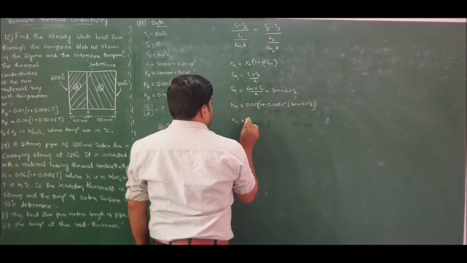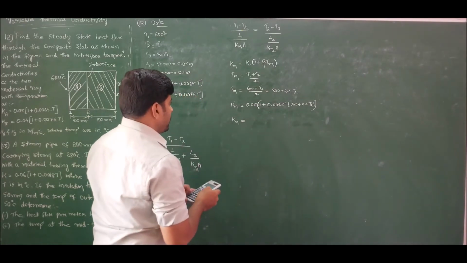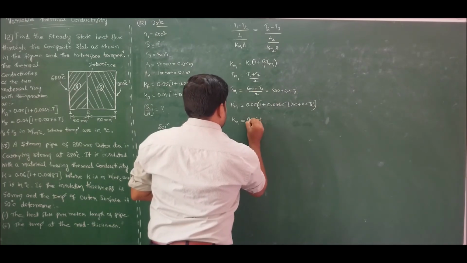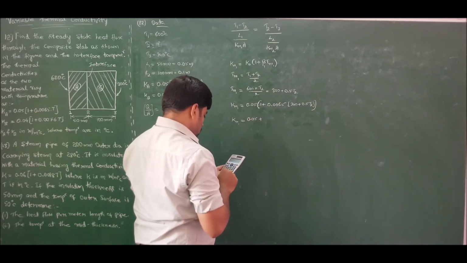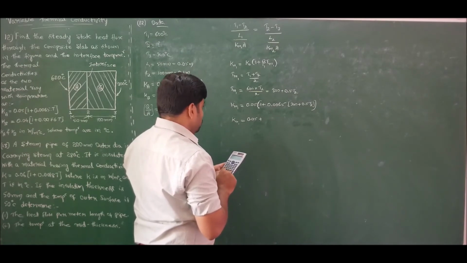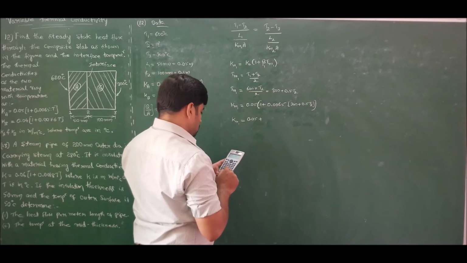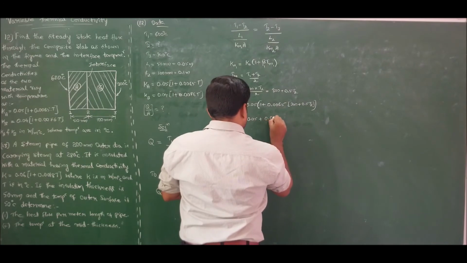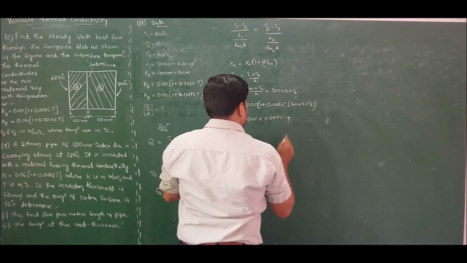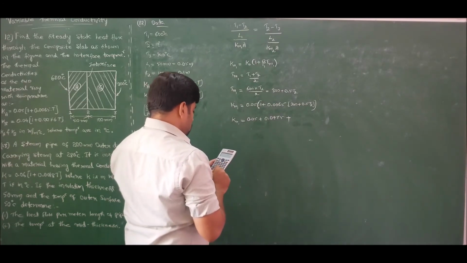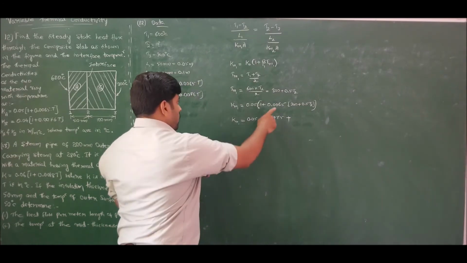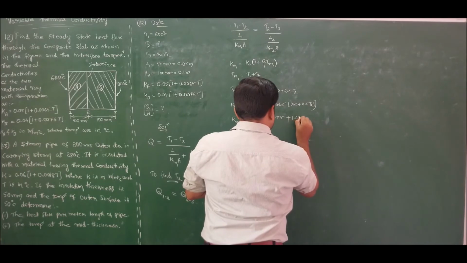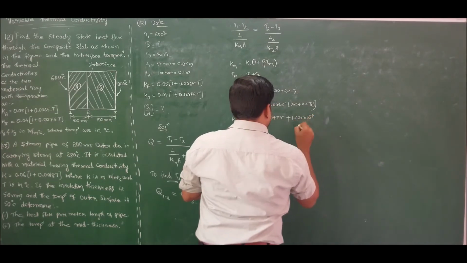So K mean 1 is turning out to be 0.05 plus 0.05 into 0.0065 into 300, that is 0.0975, plus 0.05 into 0.0065 into 0.5, which is 1.625 into 10 to the power of minus 4.